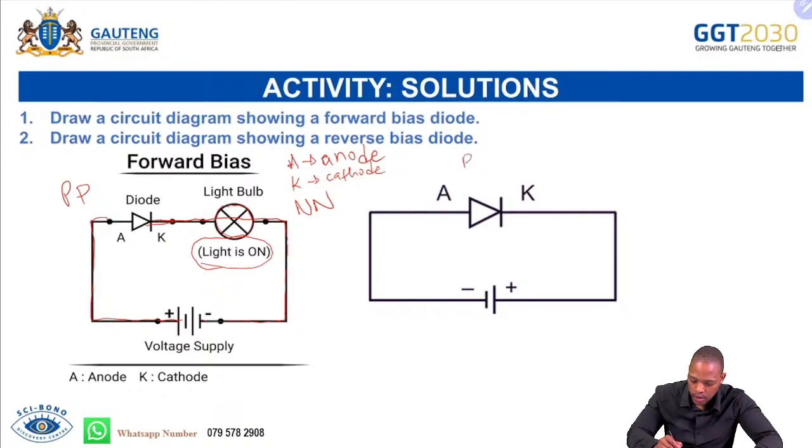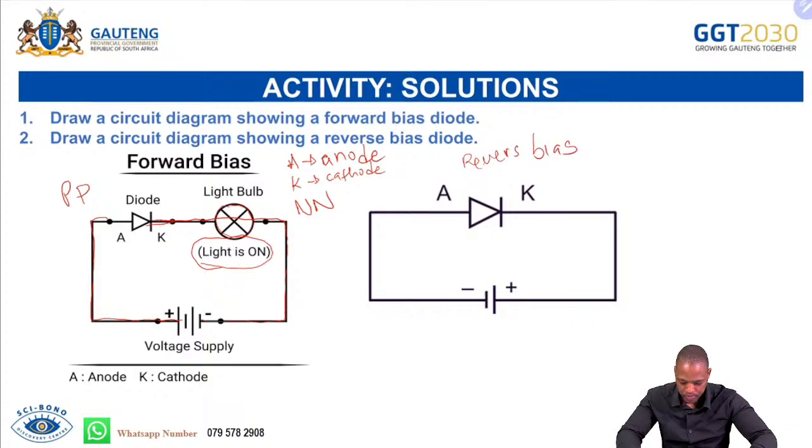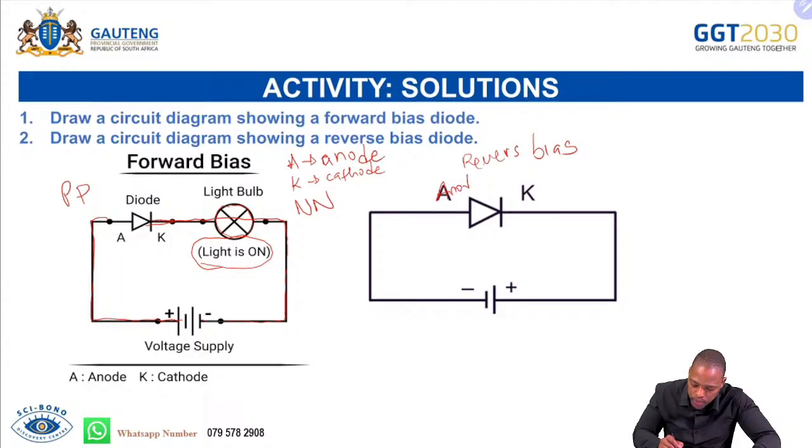And this one is supposed to be reverse biased. So what's the difference between the two here? As you can see, they've written the symbol A here, which represents anode, and then K here, which represents cathode, which is negative, and this is positive. So this anode is connected to the negative terminal of the battery this time around.